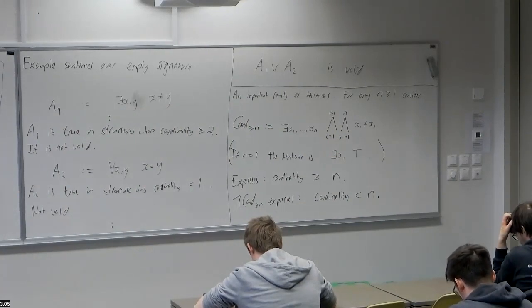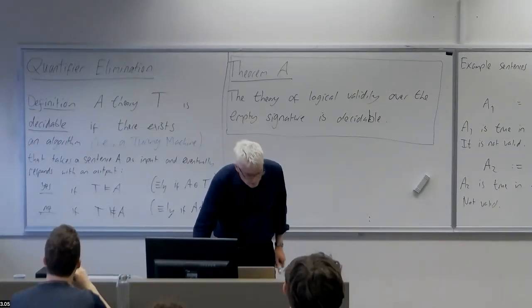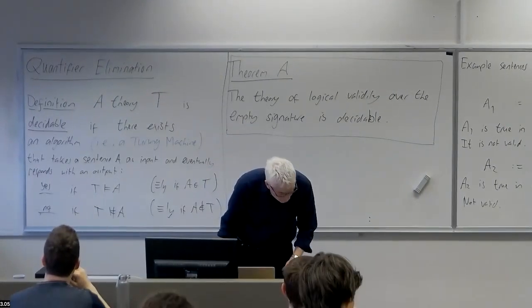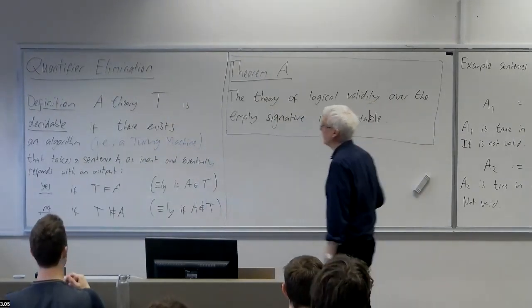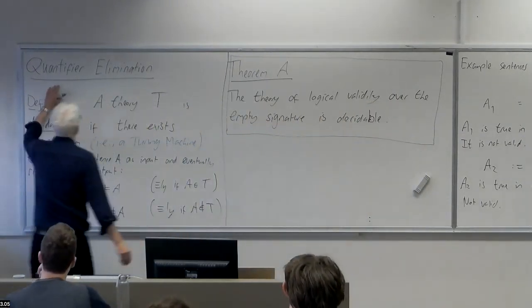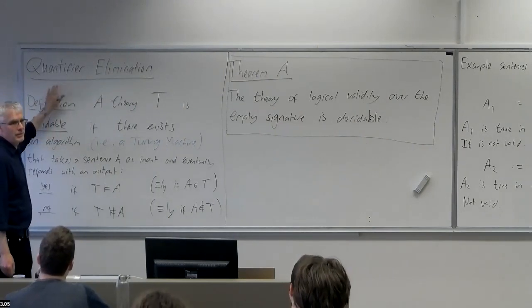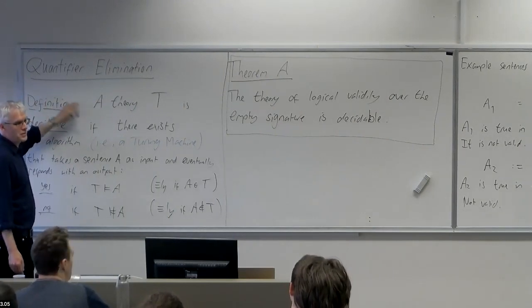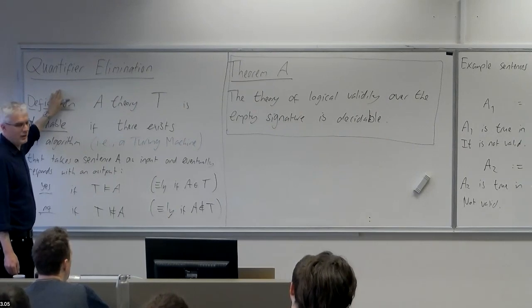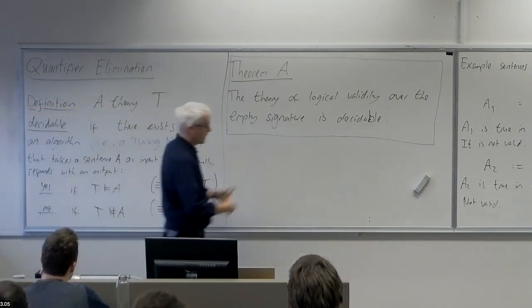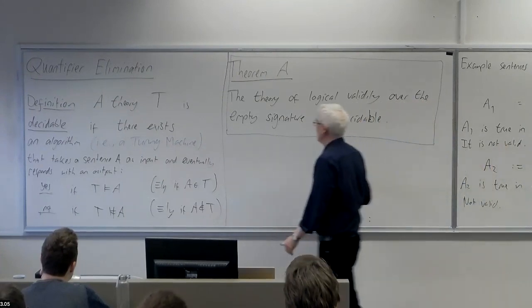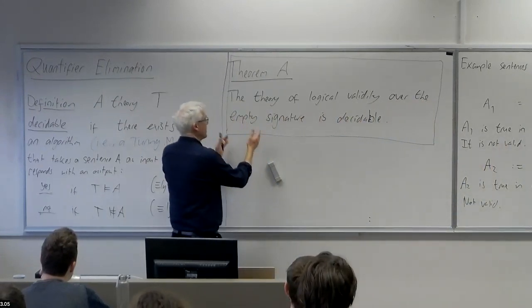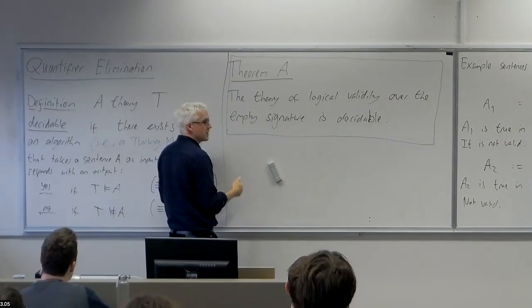Right, let me clear the board. The way we're going to prove our main theorem is using this technique of quantifier elimination. Let me tell you what that means, and then we'll take quite a bit of time to see how it applies to this theory of logical validity over the empty signature.